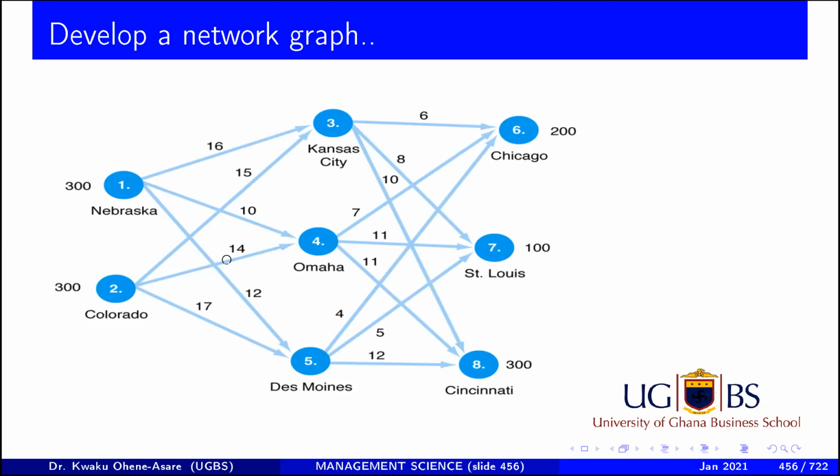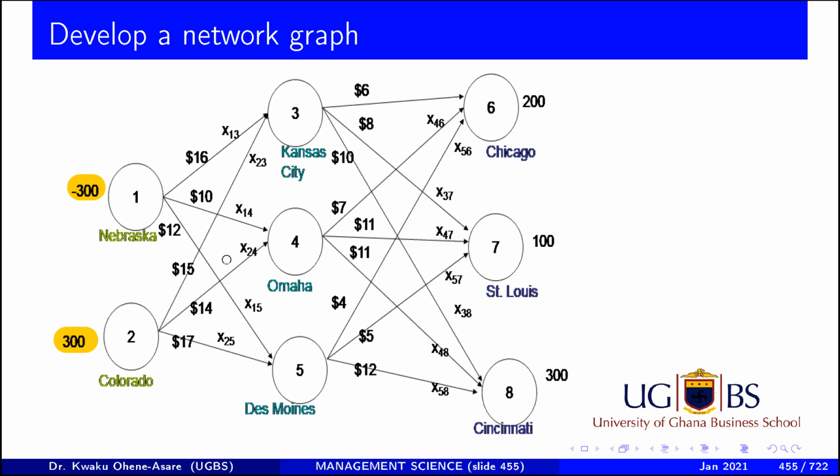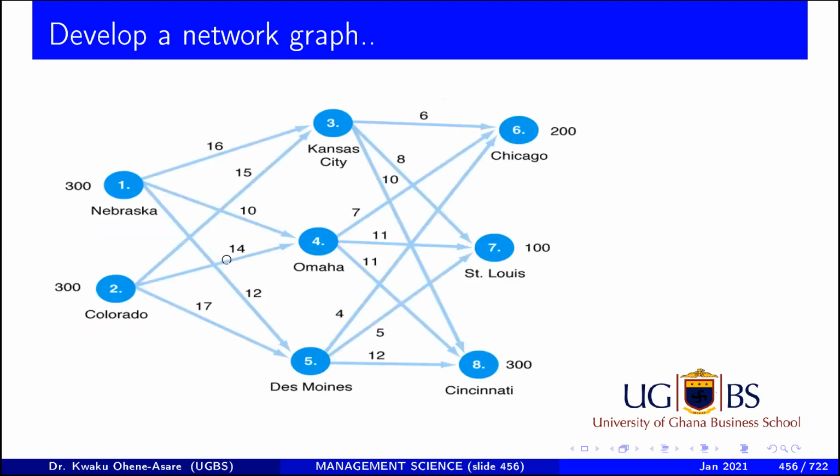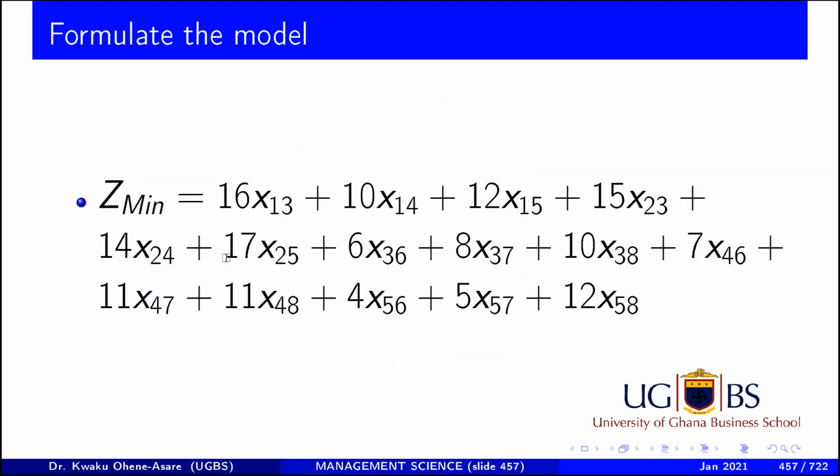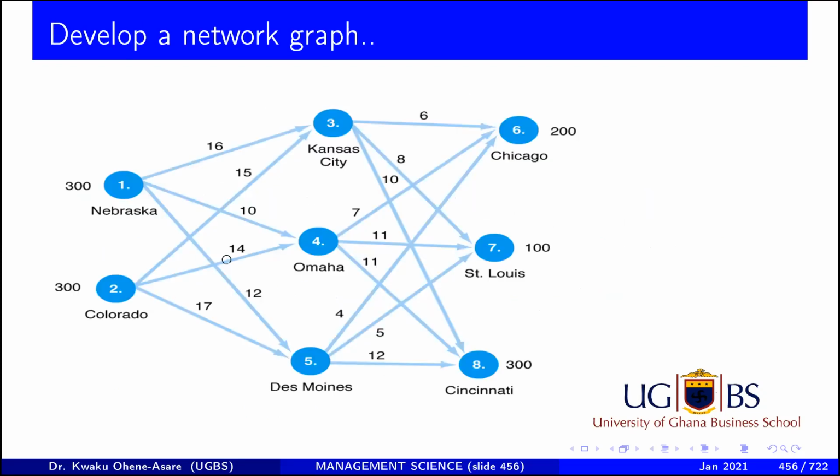So once you've done that, you get something like this network model. Now, if you look at this, I've removed the decision variables from it. So the thing looks better than this. This one looks very complex, but it's okay. We know where we came from, right? And then you can now do your Zmax. When you're doing your Zmax, the same thing. You just pick in the number 16, 15, 10, 14.